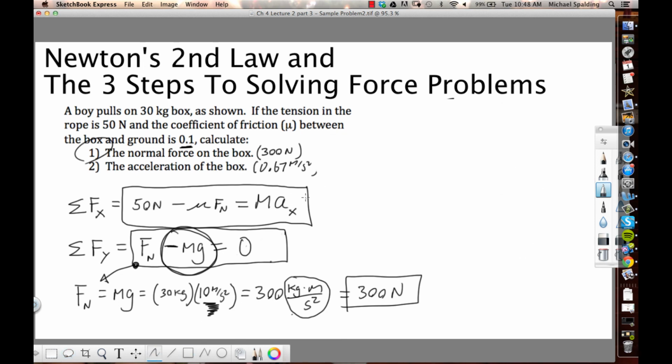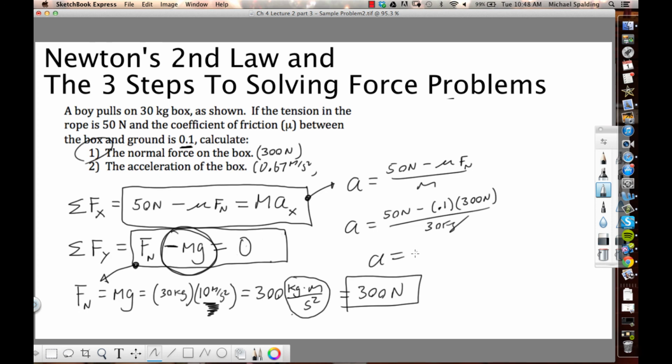So number 2, we're going to take this x equation, solve it for a. A is going to be 50 newtons minus mu Fn over the mass. So now plug numbers in. This is 50 newtons minus 0.1 times 300, because we now know the normal force, and then the mass is 30. So this comes out as 0.67 meter per second squared.